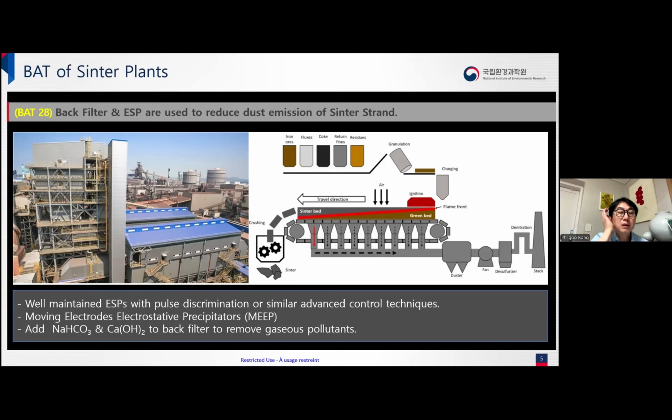But if my information is correct, the major difference from the EU is that all installations have a BAT using a bag filter. Next, please.